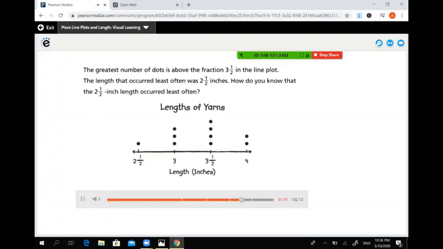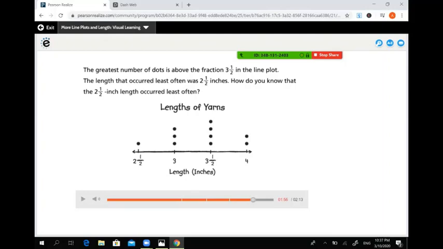The length that occurred least often was 2 1/2 inches. How do you know that the 2 1/2 inch length occurred least often? So 2.5 is the least often because it has only 1 dot, which is the least number of dots. Okay, I will ask a question.